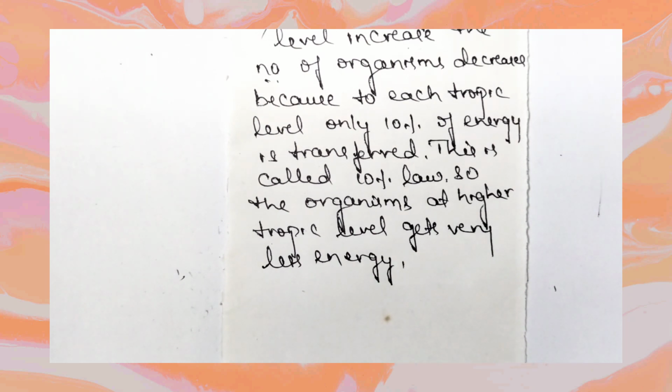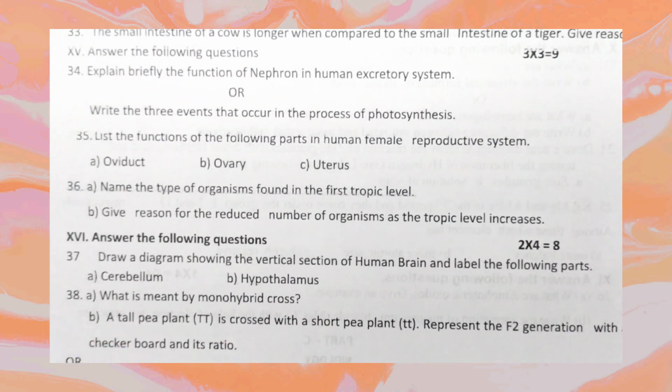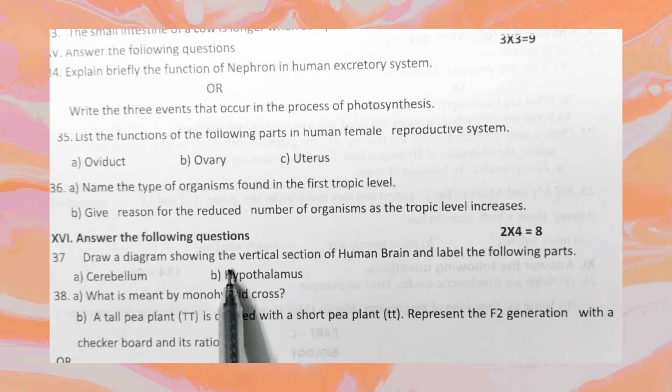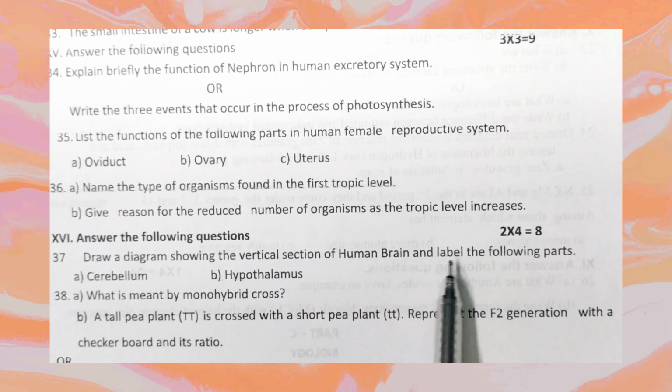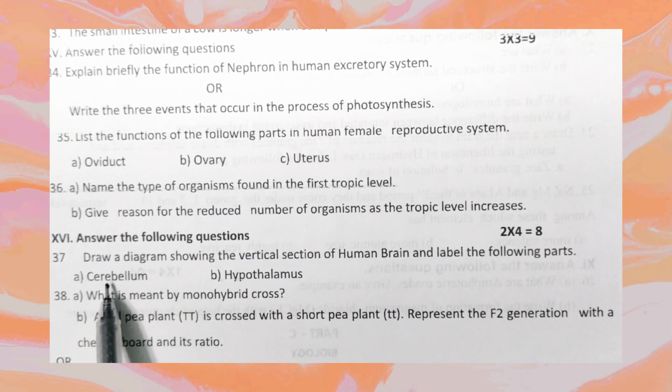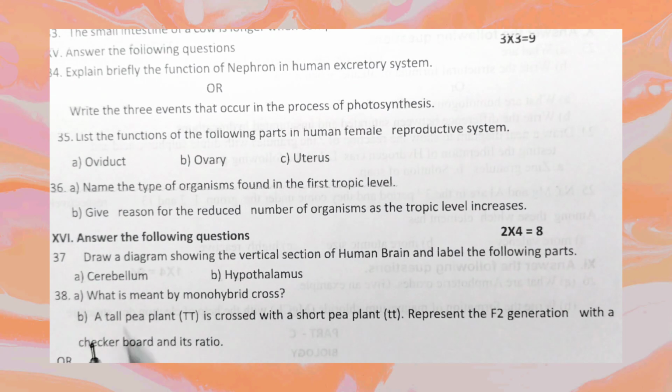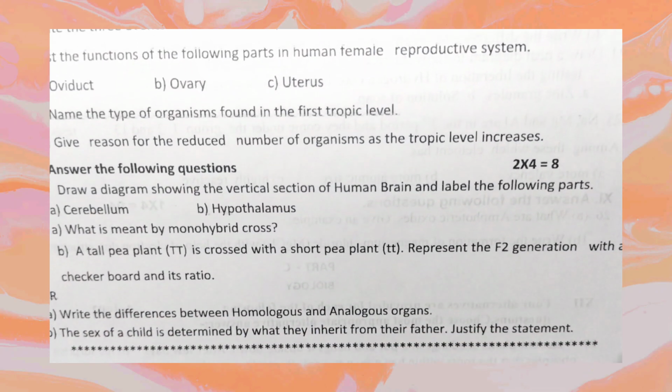Now let us move to the 37th question. In the 37th question, draw a diagram showing the vertical section of human brain and label the following parts: cerebellum and hypothalamus. Both you have to label. Coming to 38, in 38 two questions are there. One is what is meant by monohybrid cross.